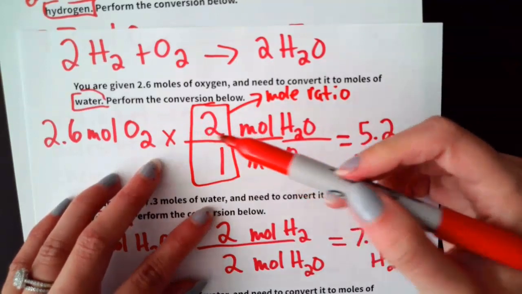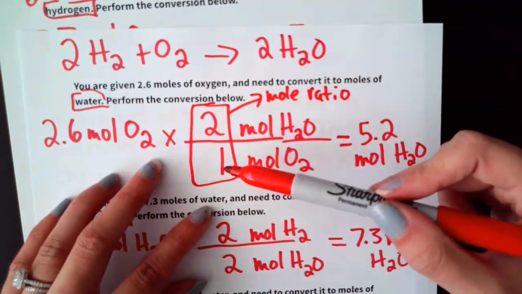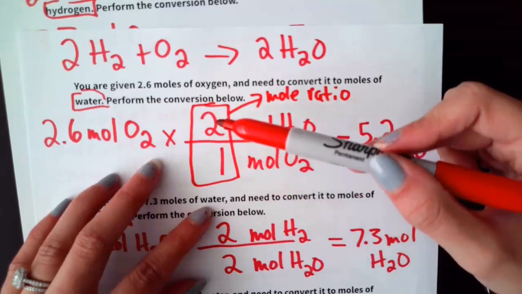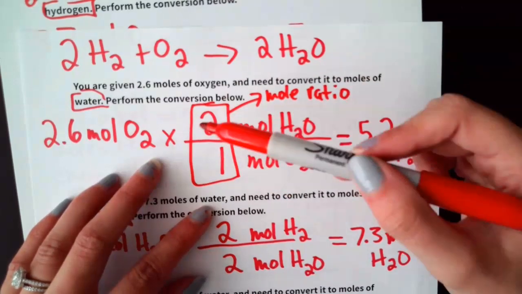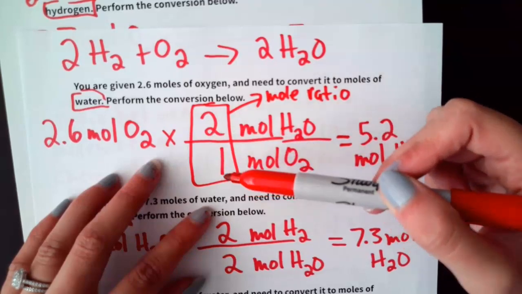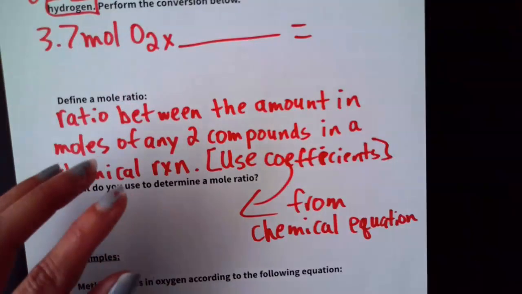We're essentially saying that for each mole of oxygen, there's going to be 2 moles of H2O. So that ratio would be 2 to 1. That's what a mole ratio is.